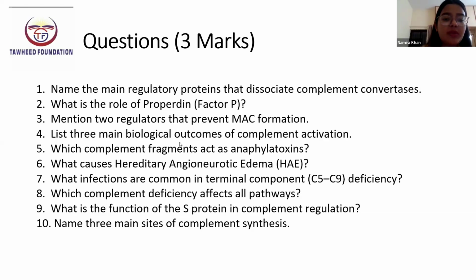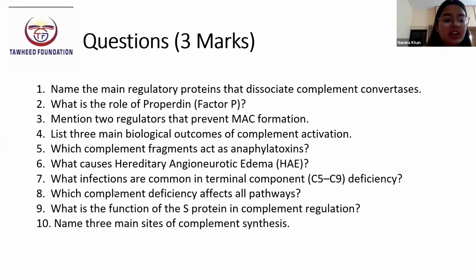Fourth, list three main biological outcomes of complement activation. That is cell lysis, inflammation, and opsonization. Fifth, which complement fragments act as anaphylatoxins? That is C3a, C4a, and C5a. Sixth, what causes hereditary angioneurotic edema, that is HAE?